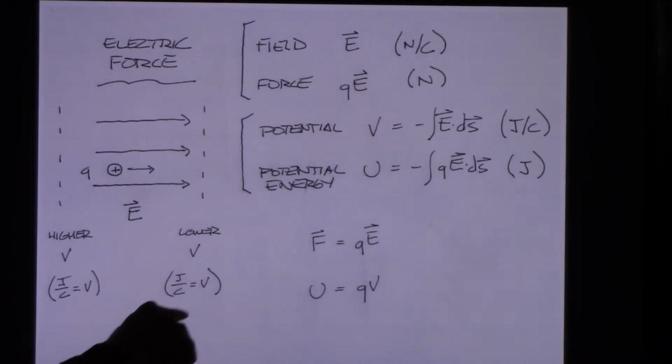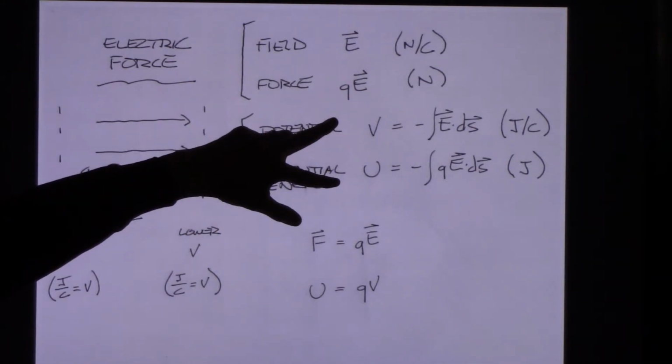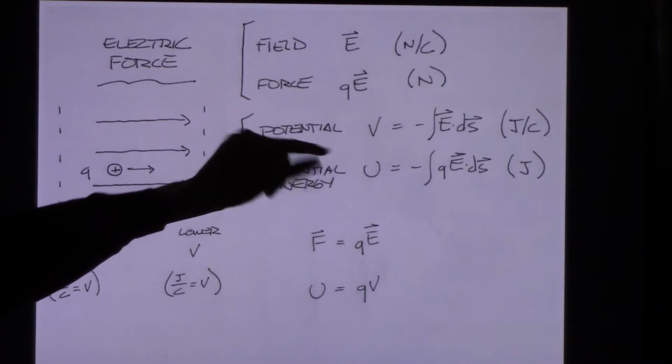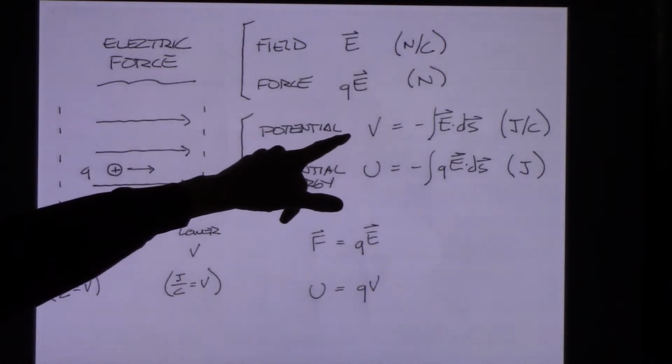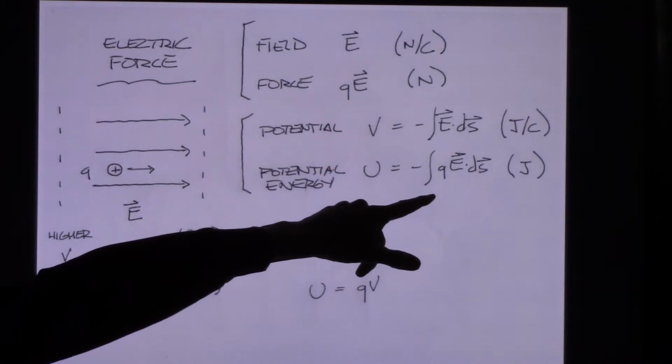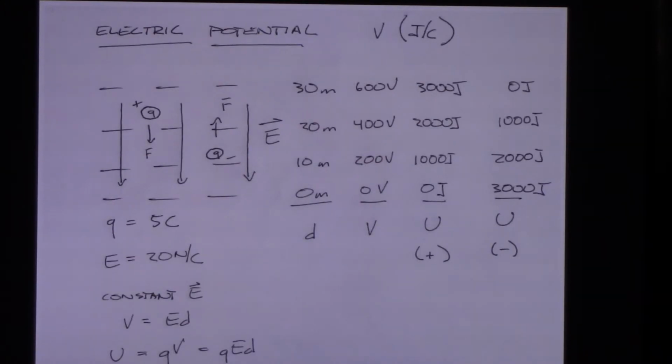But again, remember, the important quantity here is the difference between the two numbers. We can use these integrations. We can integrate along the path of the electric field to find out the potential. We can multiply that by a charge to find out how much potential energy difference that represents. Okay, so here's a diagram. I hope it looks kind of like the other one.